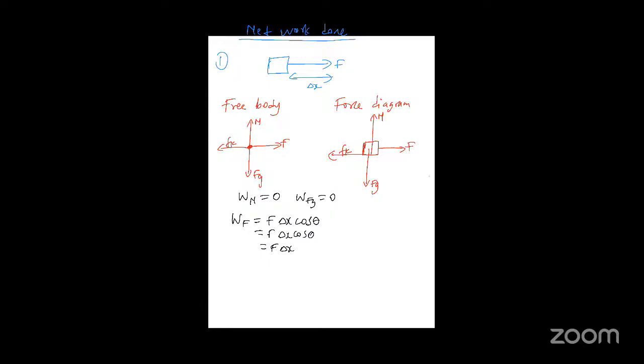Then let us look at work done by frictional force. Fk change in x cos theta. Our Fk cos 180. The answer is negative Fk change in x. Then, ladies and gents, let us do the work net.